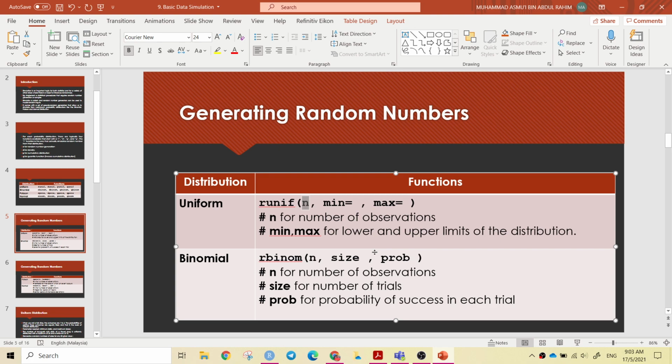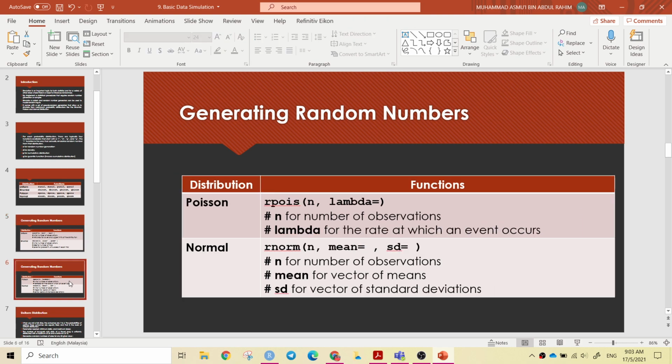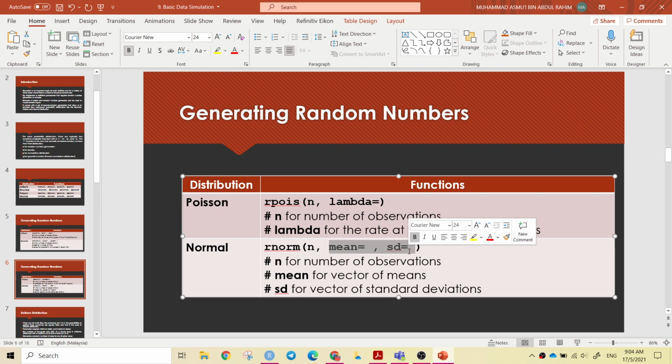For binomial, the parameters you need are the size and the probability, and n here is how many numbers you want to generate. For Poisson distribution, you need lambda. And lastly, for normal distribution, you need the mean and standard deviation.